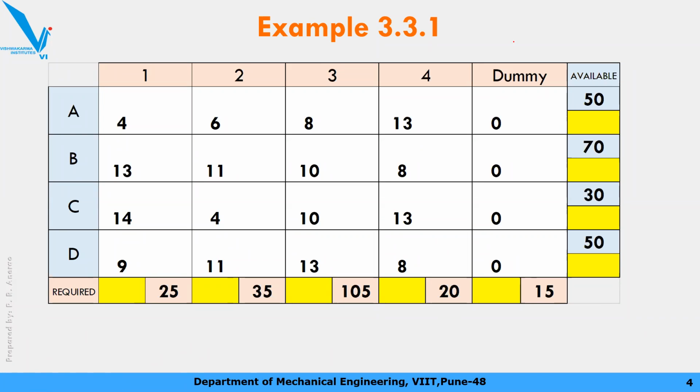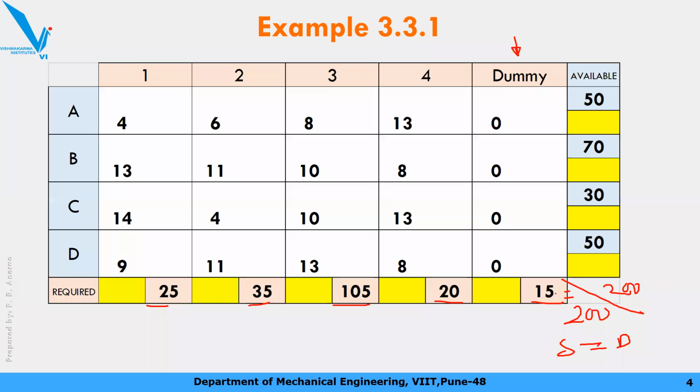Now see, as we have added a dummy demand of 15, take the summation: 25 plus 30 plus 105 plus 20 plus 15. The demand total came to 200 and the supply total came to 200. Now the supply is equal to demand. So this way you can balance the unbalanced transportation problem.